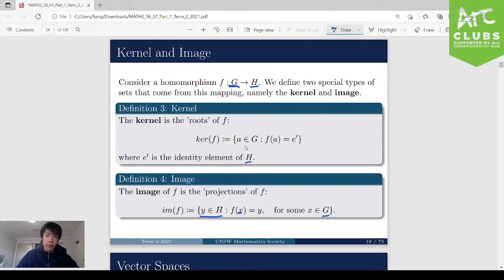Kernel is anything within your domain where if you apply F to it, you get brought back to the identity of its codomain, and the image is any element within the codomain that came from something in the domain. That's basically the intuitive idea behind it.